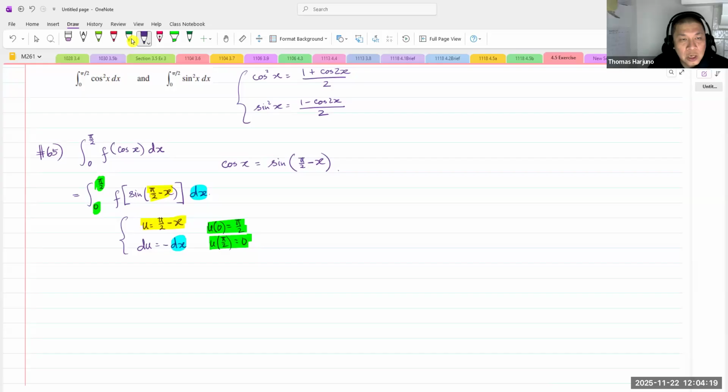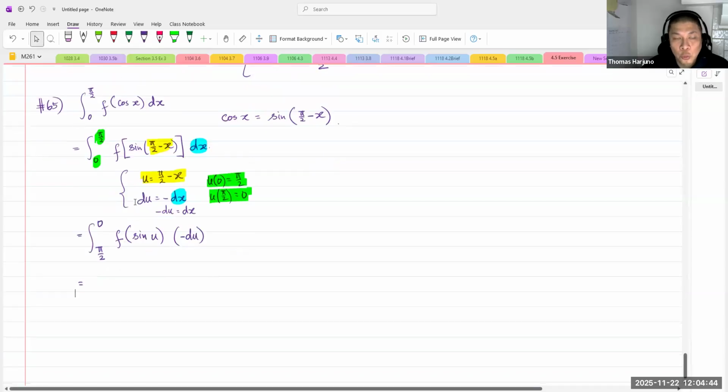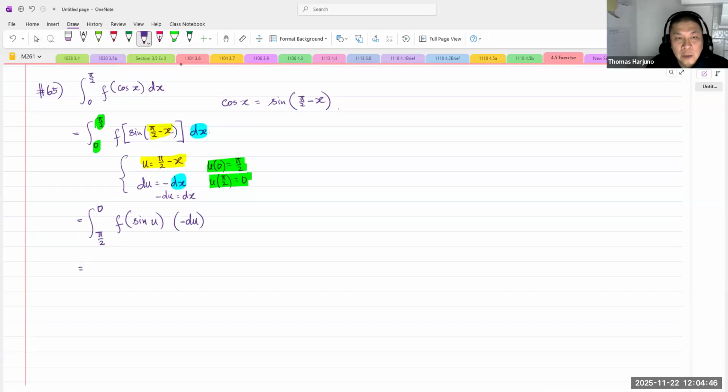Okay, so the integral becomes the integral from pi over 2 to 0 of f of sine u negative du, right, from here. But somewhere in section 4.2 we learned that if I have a negative, I can use that to reverse the interval of integration.